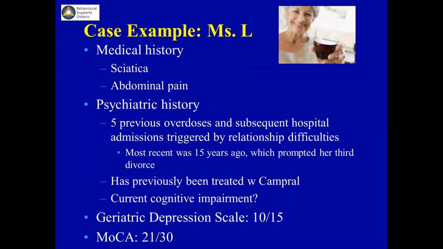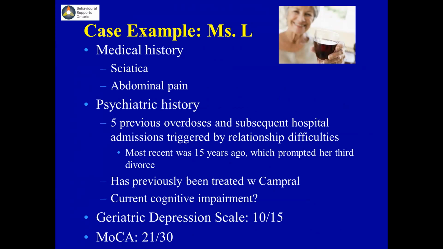Her medical history was positive for sciatica and some undiagnosed abdominal pain. So there were some medical issues going on. Pain was certainly an issue. And she had a fairly interesting psychiatric history. She had 5 previous overdoses and subsequent hospital visits, often triggered by relationship difficulties.